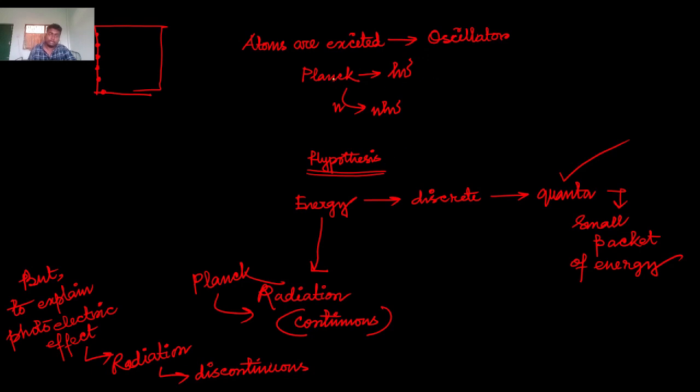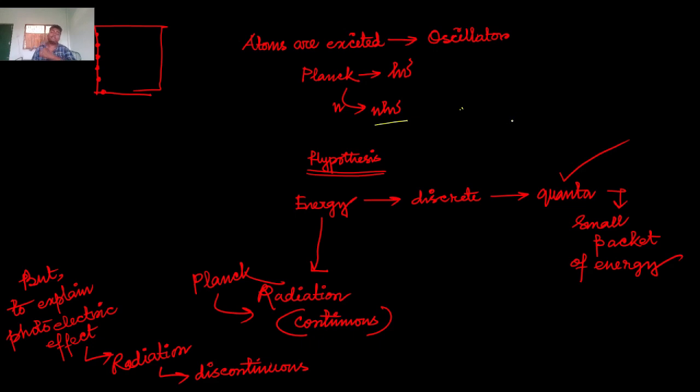Max Planck's correction. Now we're going to derive the average energy part. According to Max Planck, energy carried by photons is discrete, and it is in the form n h nu, where n is the quantum number and h nu is the energy carried by each such photon. In blackbody radiation, when the atoms are excited, the charged particles are excited to such an extent that they accelerate and start emitting EM waves.